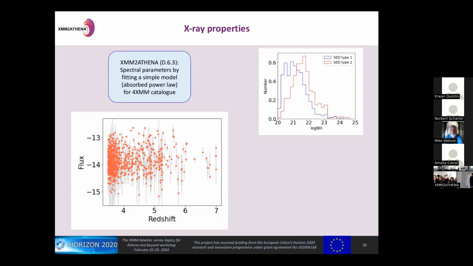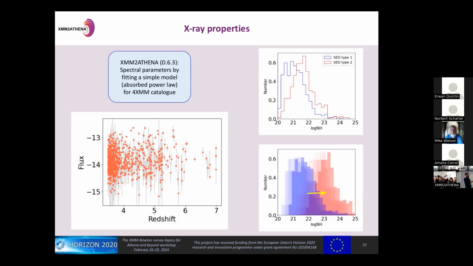And here is the distribution of log NH for the two SED types, type 1 and type 2, of CIGALE. So we can see that in general, the type 1 SEDs tend to have lower log NH, and type 2 higher log NH. But these spectral properties are coming without redshift information. So what we expect is to move this distribution, to move the log NH to higher NH.